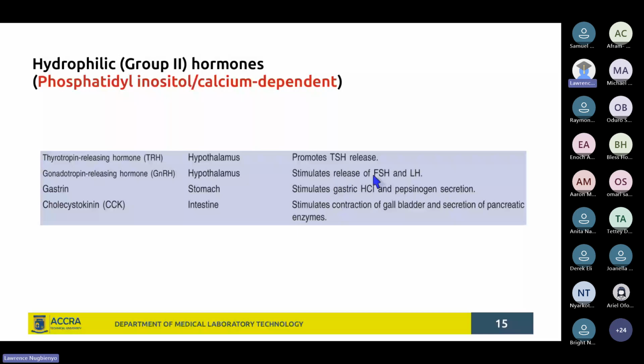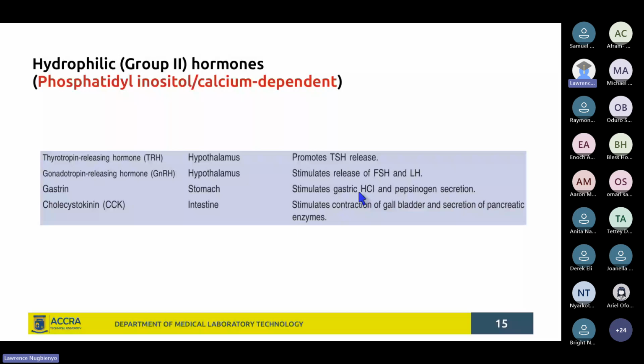We have gastrin, which is a digestive hormone secreted by the stomach, and it stimulates gastric hydrochloric acid and pepsinogen secretion.